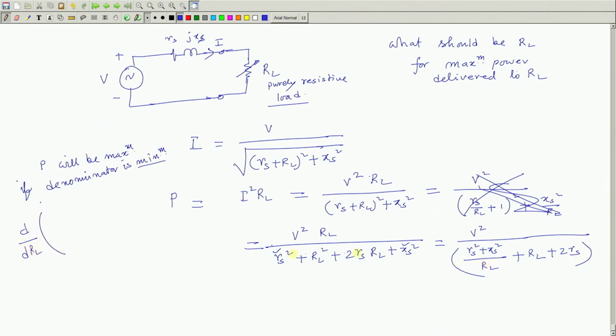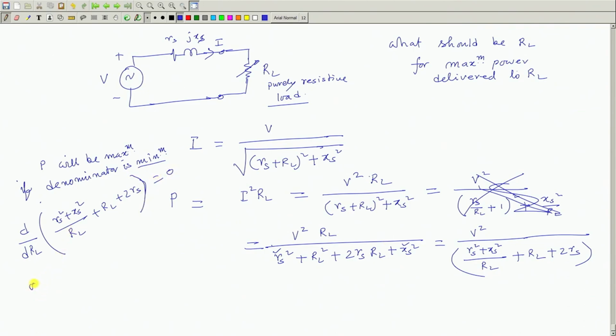This whole thing is RS square plus XS square divided by RL plus RL plus 2 RS, this quantity, differentiate it and set it to 0.